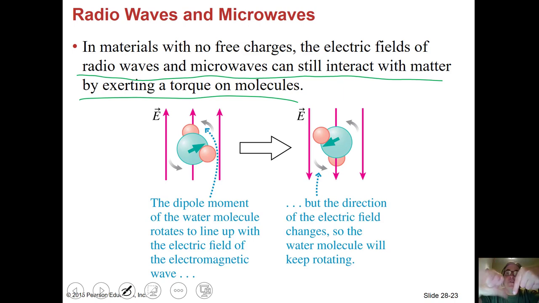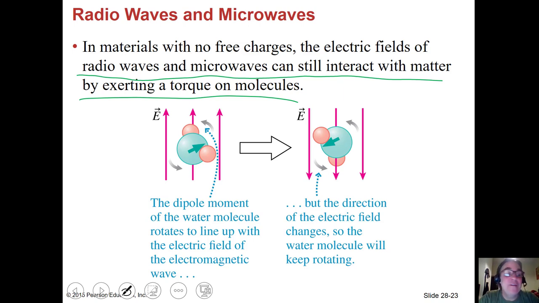You flip the electric field this way, now it's going to line up because it has a torque. Flip the electric field this way, it's going to line up. Do this quickly, the whole thing happens like that. The water molecule keeps moving around and around. Due to friction, it heats up the water. So when you use a microwave, really what you're doing is just having the water molecules flip all around, and due to friction between the water molecules and other molecules, you heat your food up that way.